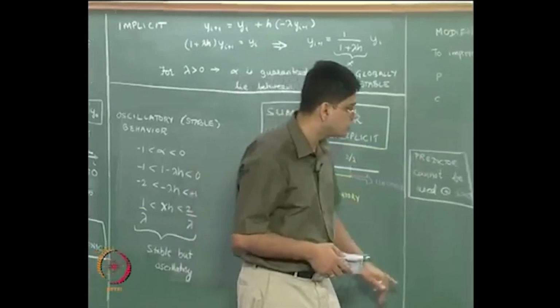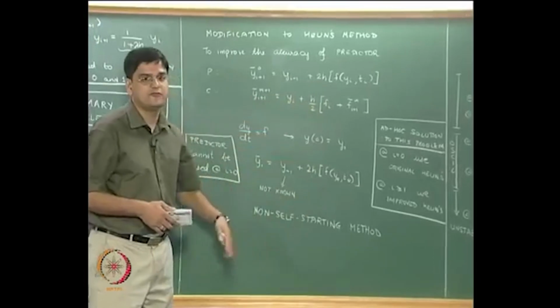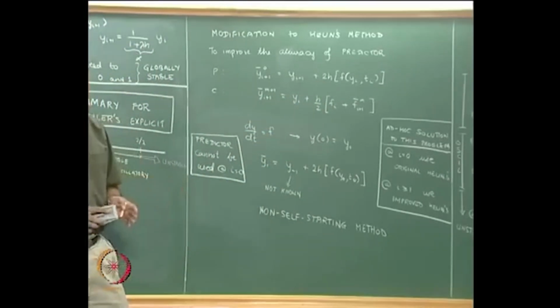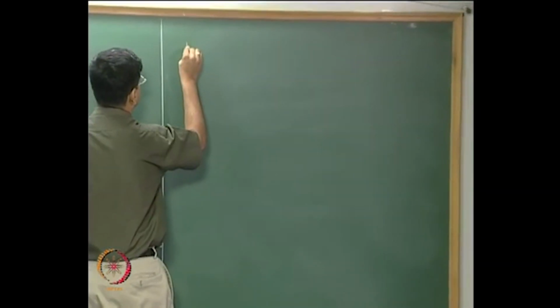We have also looked at non-self starting methods. Okay. So this is what we have done so far. All of this discussion involved single variable problems. We had dy by dt equal to function f, okay, and that particular function was a single valued function. Now what we are going to do is to look at the extension to the multivariable case.